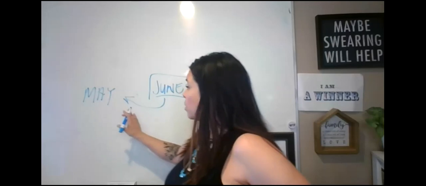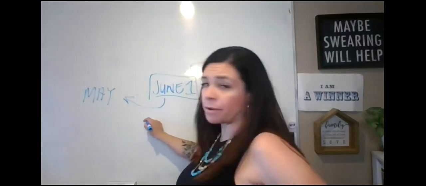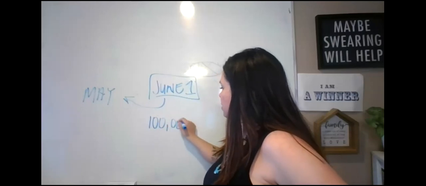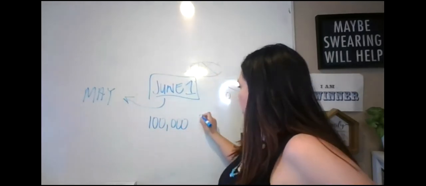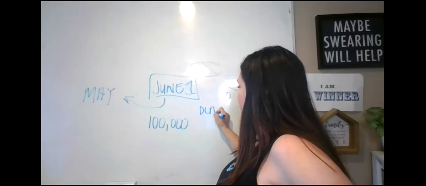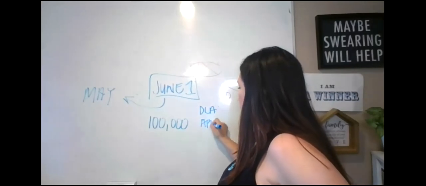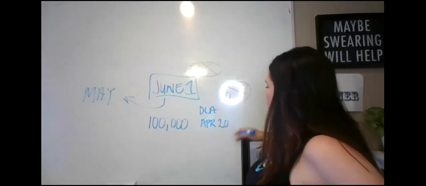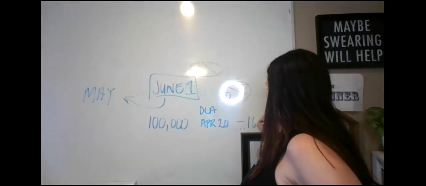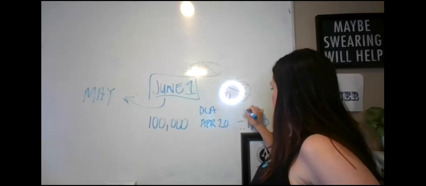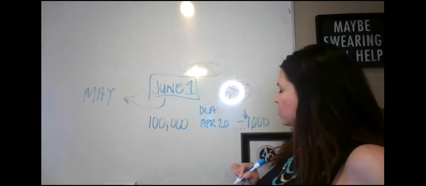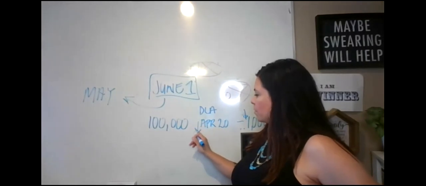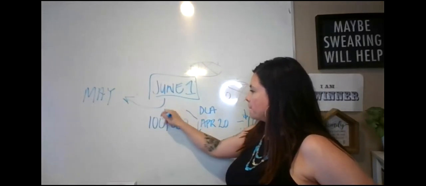So if your credit report says the balance of your loan is $100,000 and the date of last activity was April 20, as in 2020, and the payment is $1,000, well, that means April was actually March's payment.